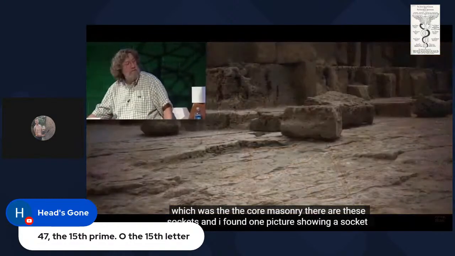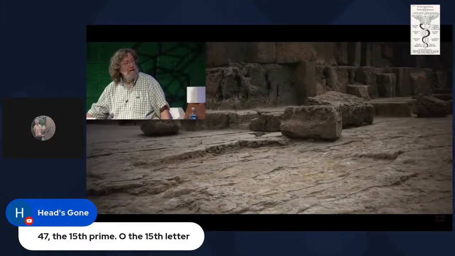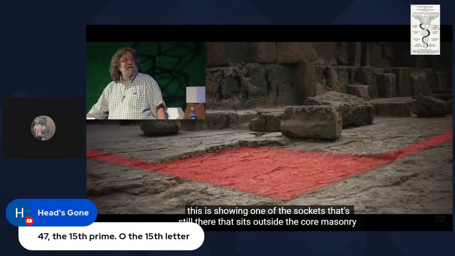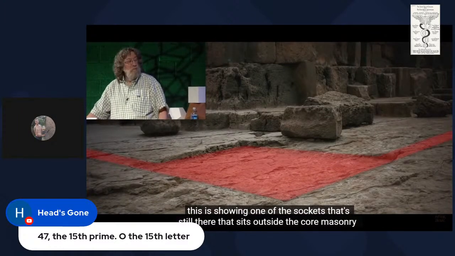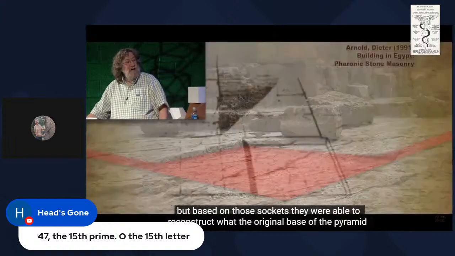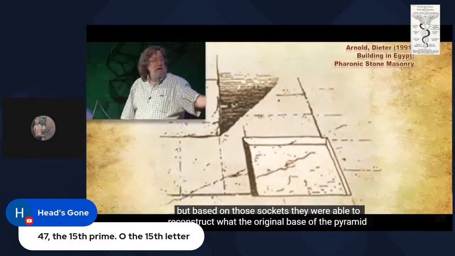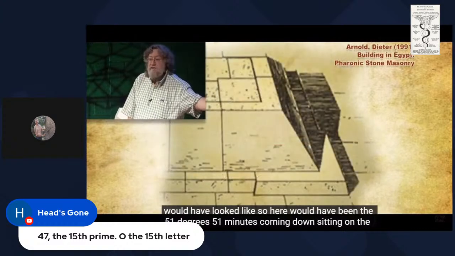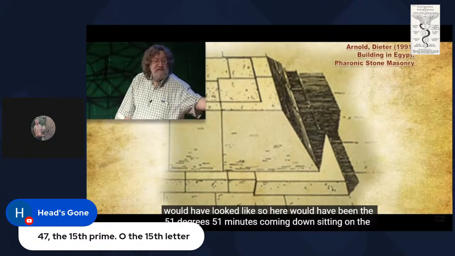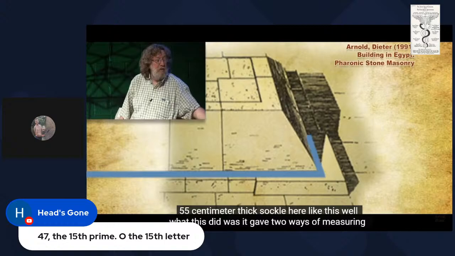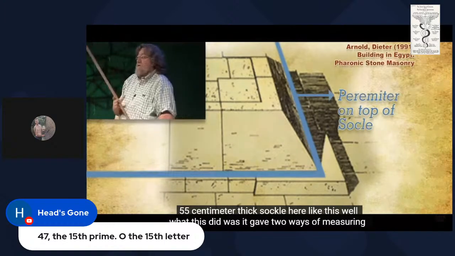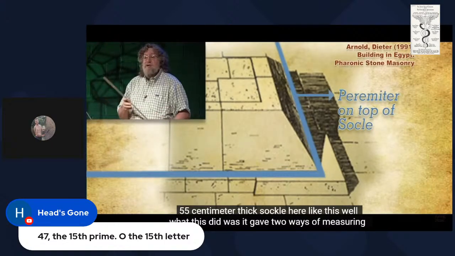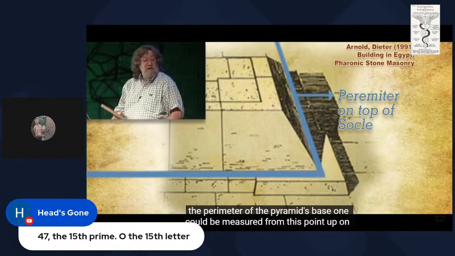I found one picture showing a socket, one of the sockets that's still there, that sits outside the core masonry. Based on those sockets, they were able to reconstruct what the original base of the pyramid would have looked like. So here would have been the 51 degrees, 51 minutes coming down, sitting on the 55 centimeter thick socle here, like this. What this did was it gave 2 ways of measuring the perimeter of the pyramid's base.